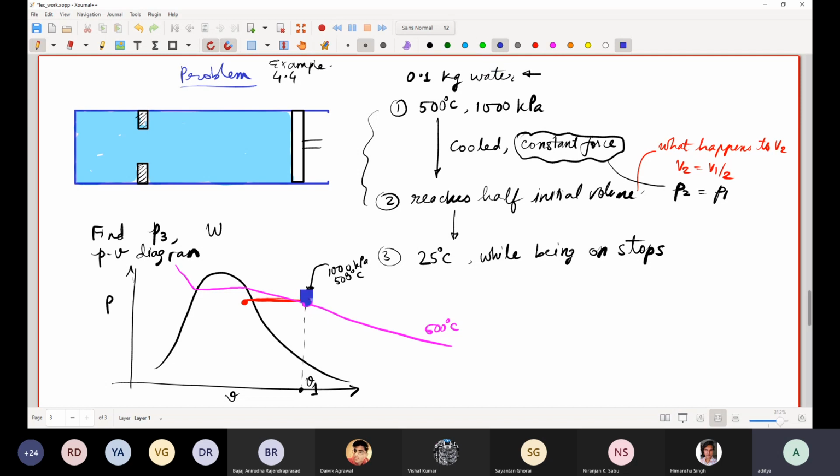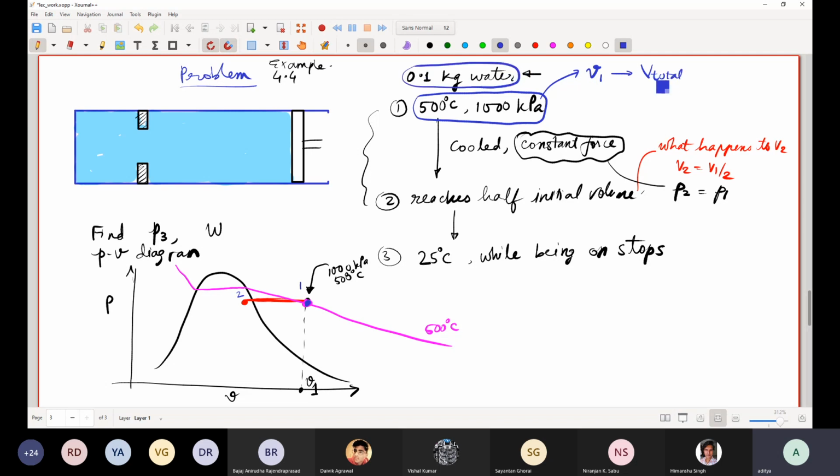So this is point 1, this is point 2, and because we have the temperature and pressure, we are in a position to find out what the specific volume is. And because we know the specific volume, we can find out the total volume also, because we know the mass.